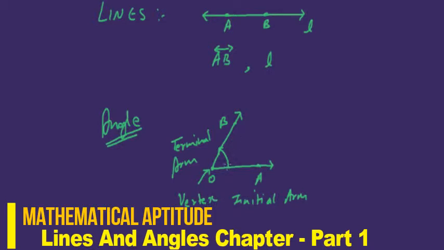Basically the angle is the amount of rotation of a ray. Amount of rotation of a ray about a vertex is known as angle.